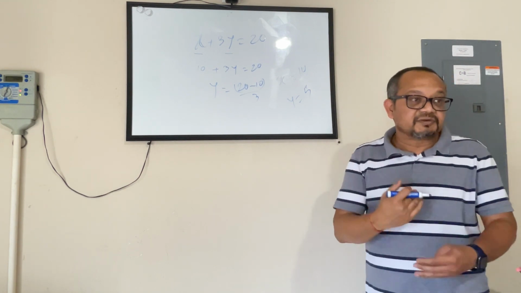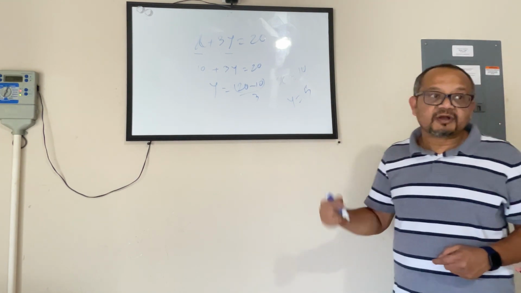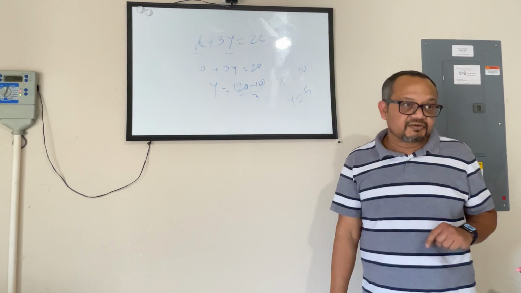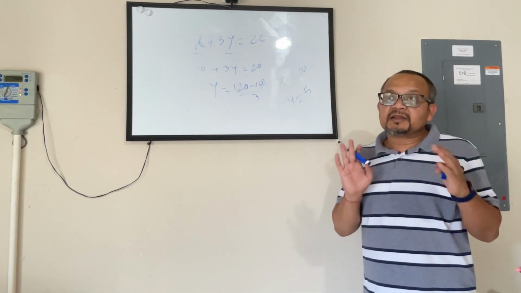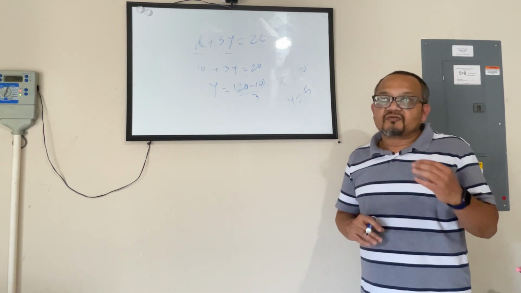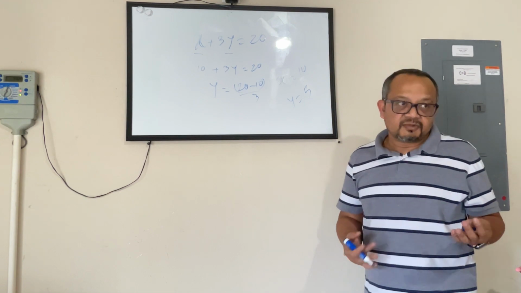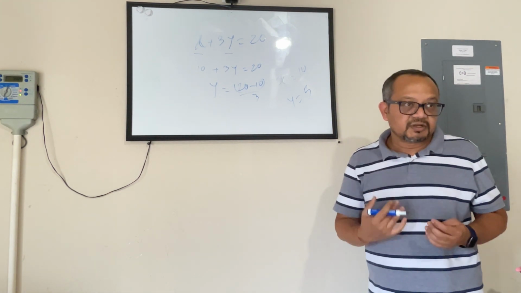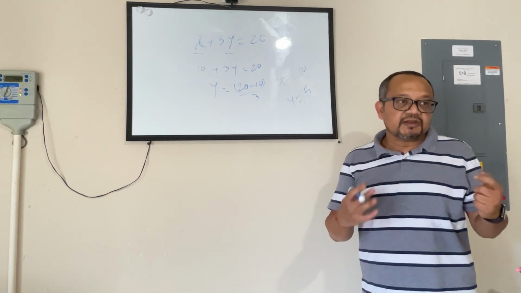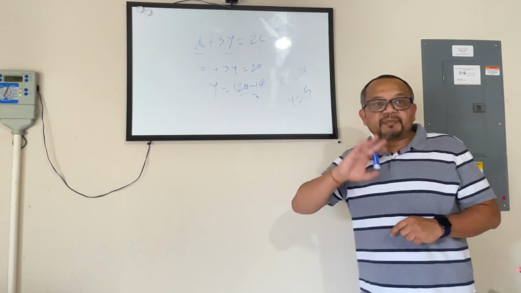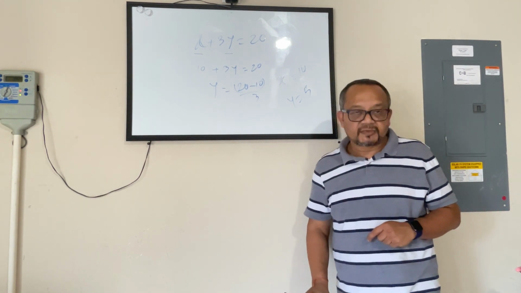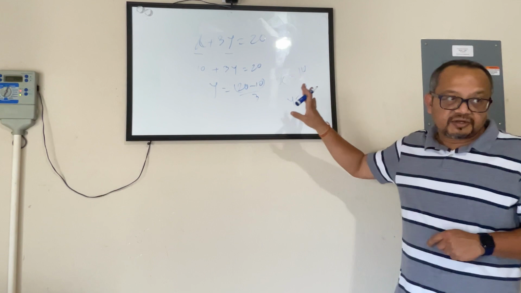So there is a relationship between them. That's what is meant by relationship within a linear equation. Meaning in any linear equation, if you have more than one variable, they are related to each other. You cannot have a value for one of the variables being independent from the other. Okay, that's what the relationship is here.